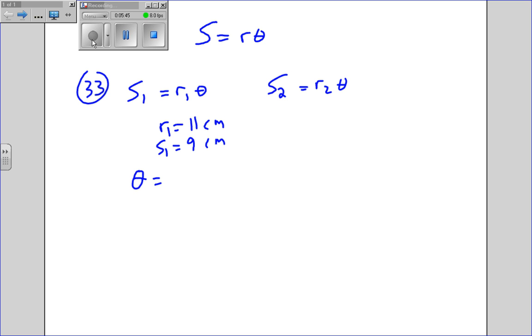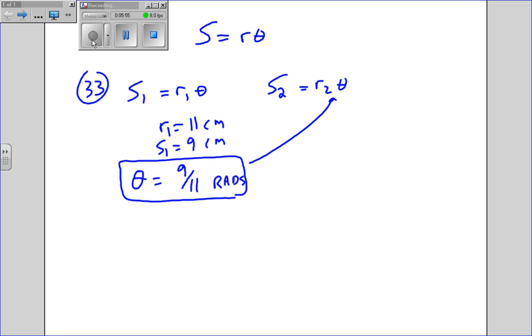So theta equals 9/11 radians. Take that answer, put it into this equation, because they've told us already that R2 equals 44. We just need to figure out what theta is, which we just did figure out was 9/11. So 44 times 9/11 is 36.